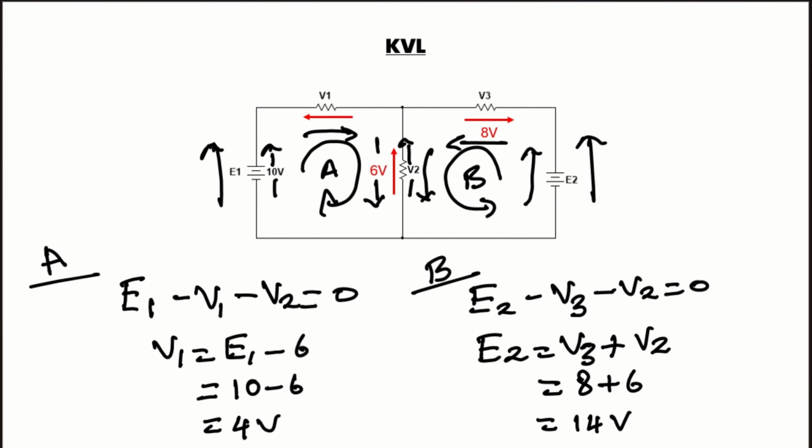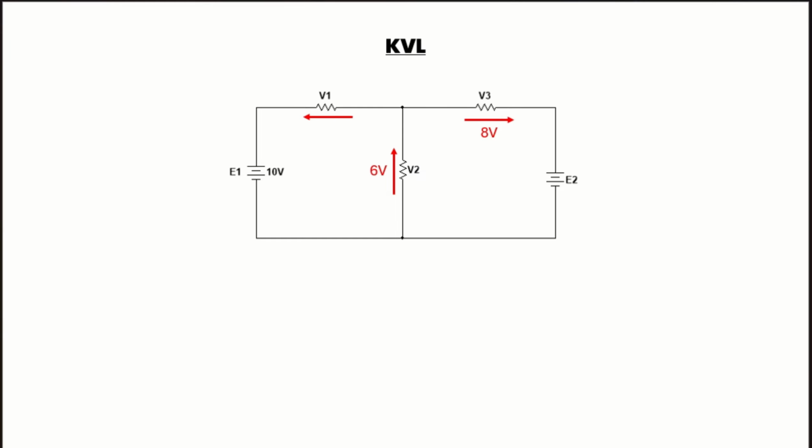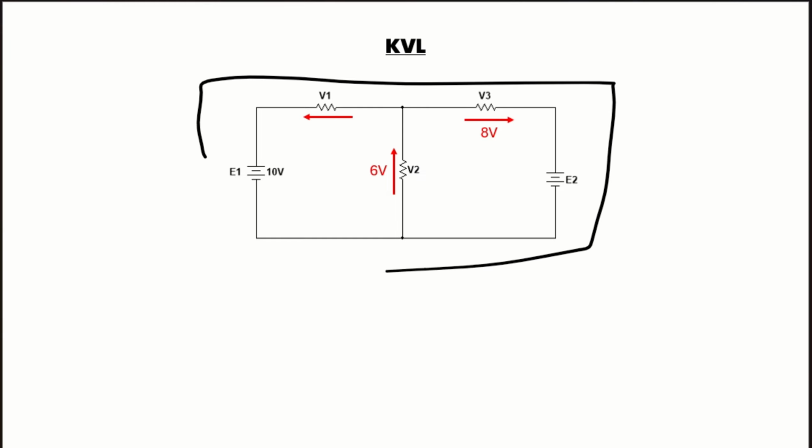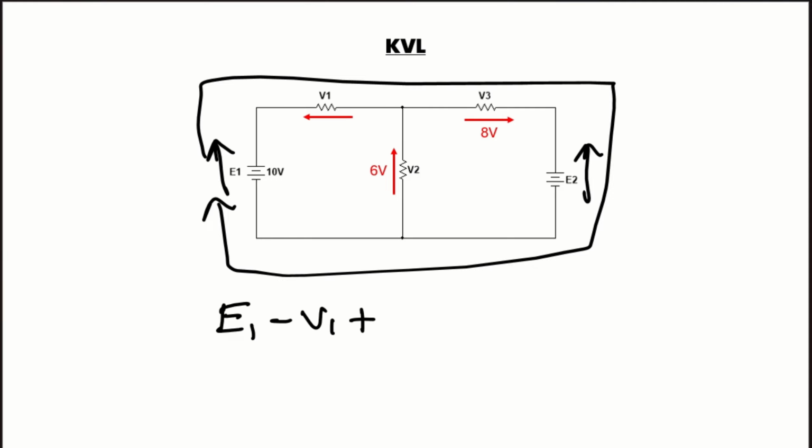We can verify these results by considering the outer loop. If you consider the outer loop around the circuit like this, according to the KVL, you can write the equation as E1 minus V1 plus V3 minus E2 equals 0.